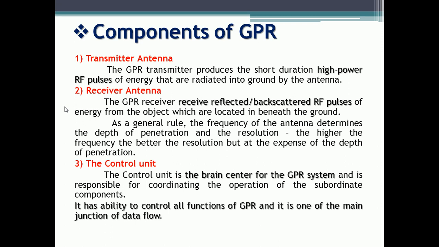Then if any object is hit by the transmitted wave, it will reflect back. That reflected wave, the back scattered wave, is collected or received by the receiver antenna.